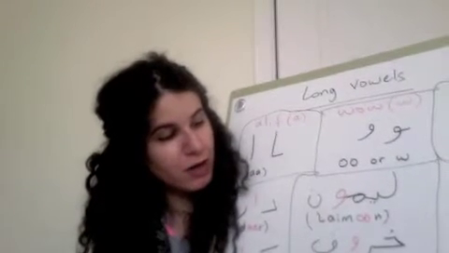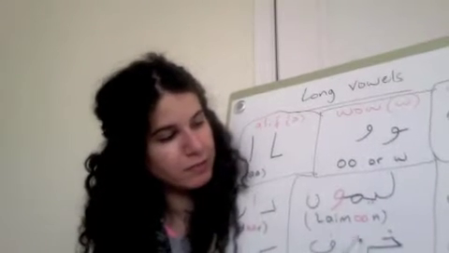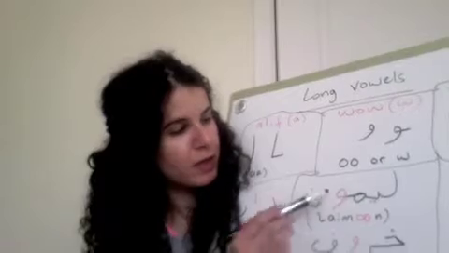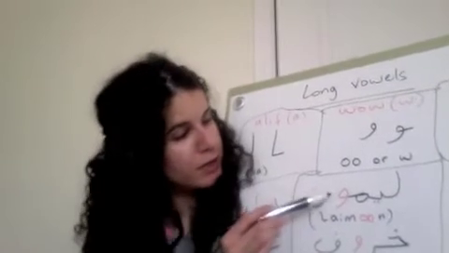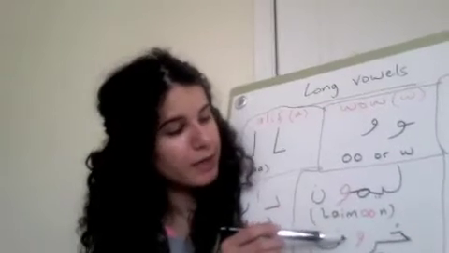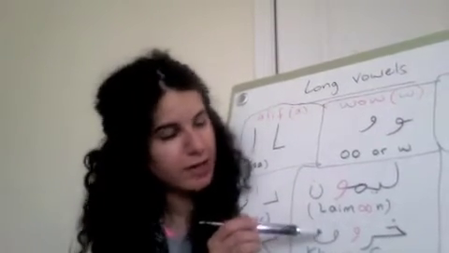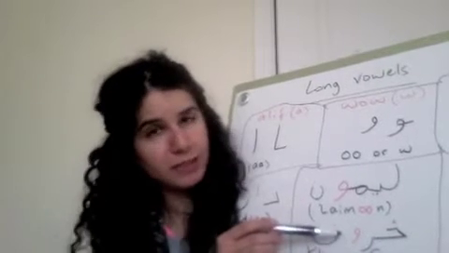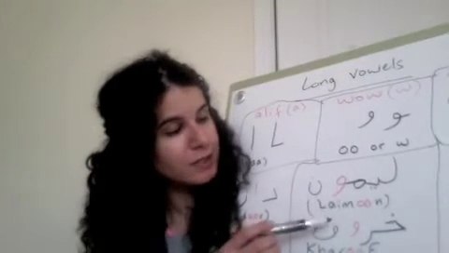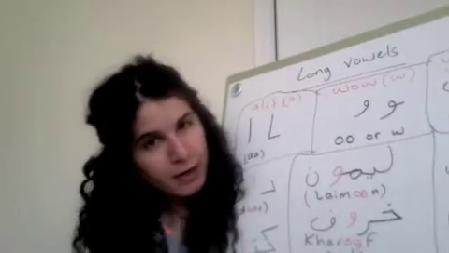That's because the ra never attaches to anything that comes after it. So we have a space right here in between them. Unlike this one here, this one is attached to the meem. And again, of course, we have a space between the waw and the letter after it, because the waw does not attach to any letters that come right after it.